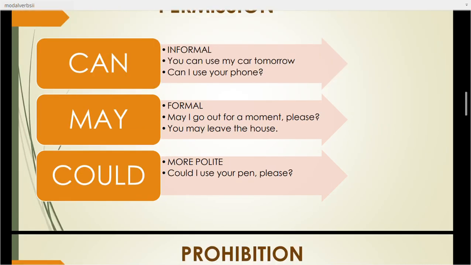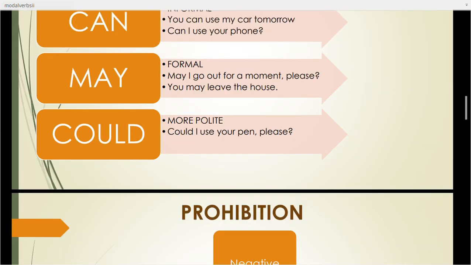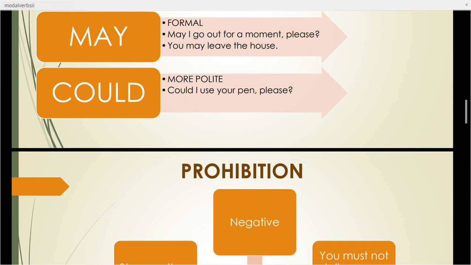The word may is used in a formal situation. For example, may I go out for a moment, please? You may leave the house. And the word could is more polite. One example for this is, could I use your pen, please?